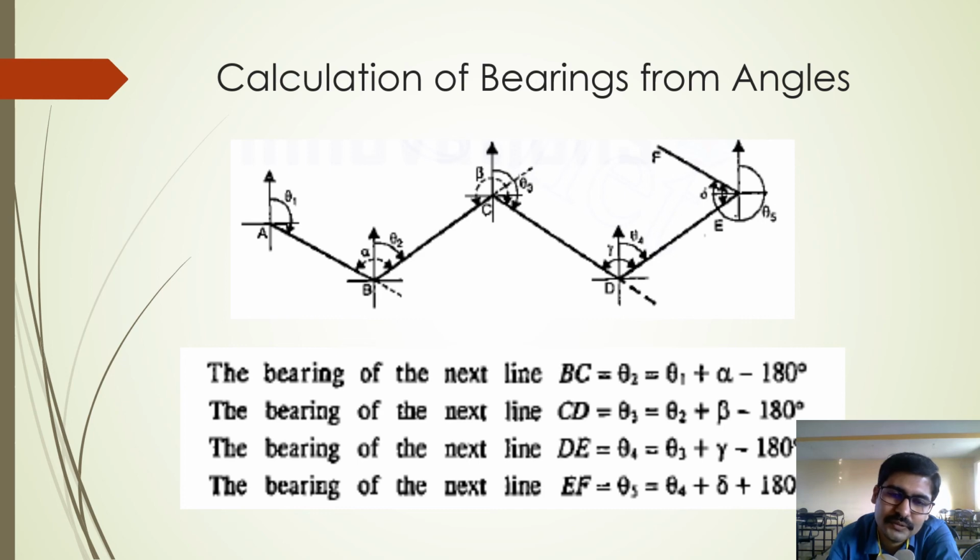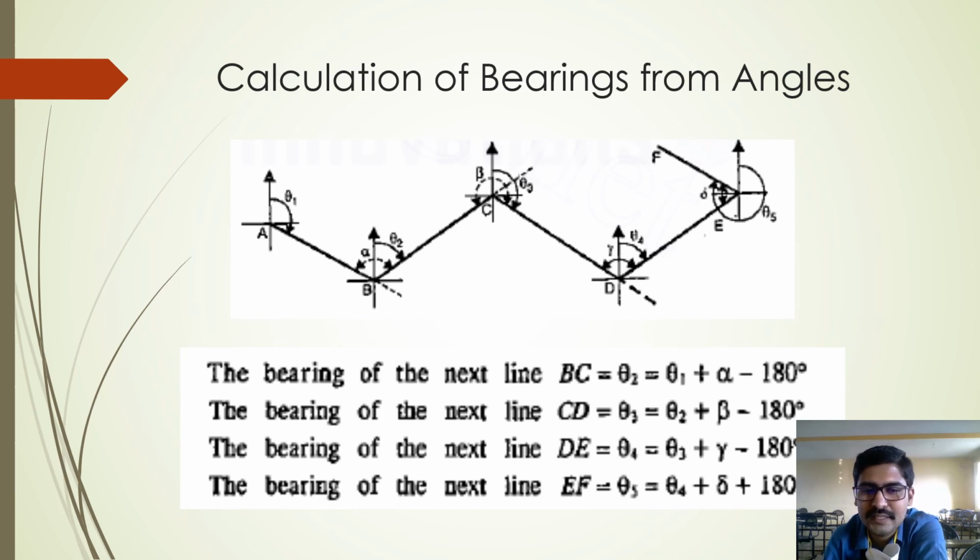So the bearing of line BC will be theta 2. How am I going to calculate this theta 2, that is the problem you have right now. The bearing of the next line BC, that is the second line, that is nothing but theta 2, will be equal to theta 1 plus alpha minus 180 degree. That is the geometry. Because north to complete this dotted line, what you can see is theta 1, right?